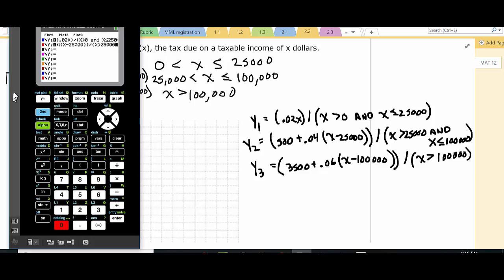Okay, then you got to get the "and" to come out. Remember, you go second test logic, get "and" to come out, and then go x less than or equal to. I know I'm doing this kind of fast, but as long as you got it written down, you can spend a little bit of time outside of class and know where everything is.